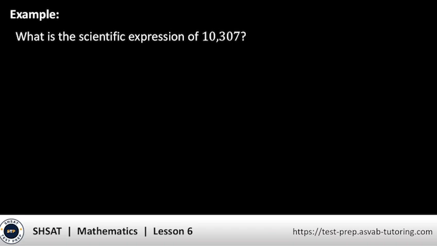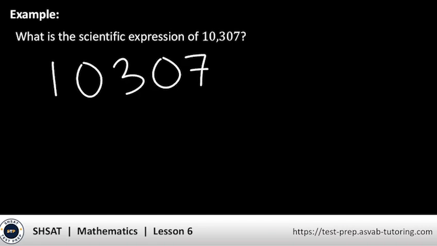So for scientific expressions, the step is you need to move the decimal right after the first number. That is your goal. And like I told you before, whenever a number is like this, let's say it's 100, we don't see any decimal on 100.